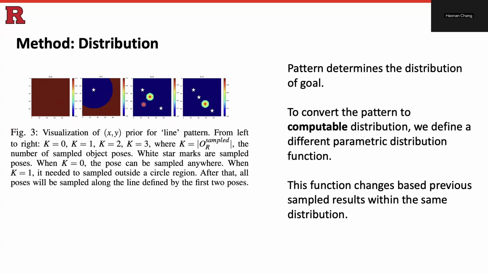And after the first one and second one are determined, the line is determined. So we sample the third one here, and then we sample the fourth one here. So this is how we are transforming a pattern type to a computable distribution function.